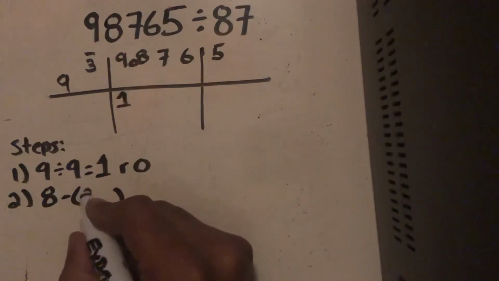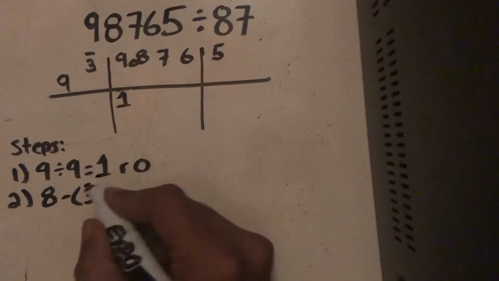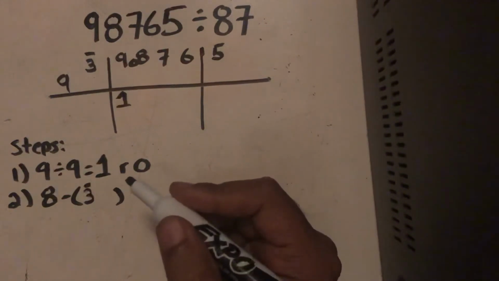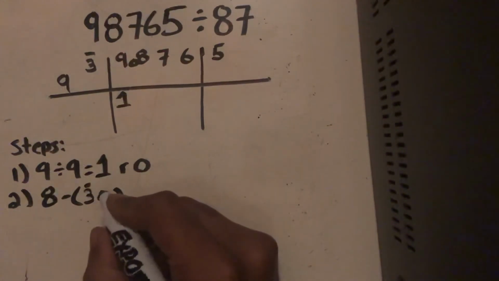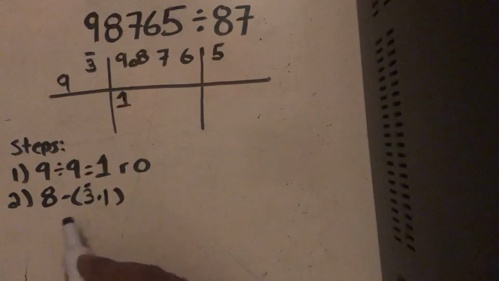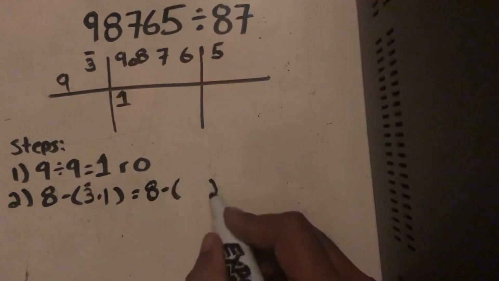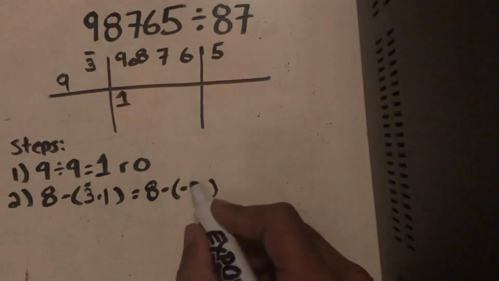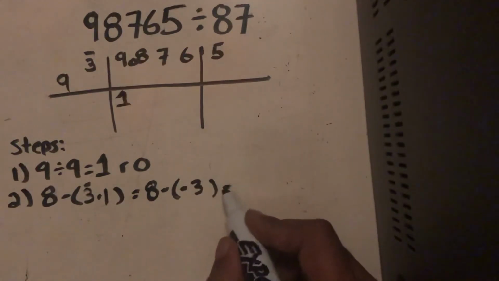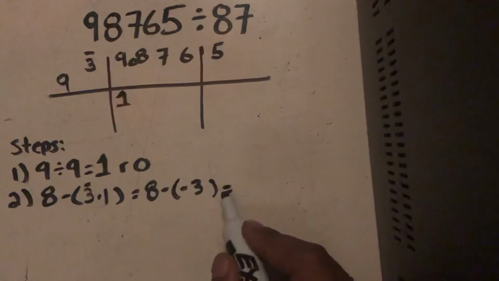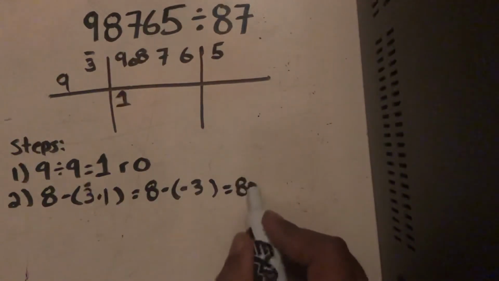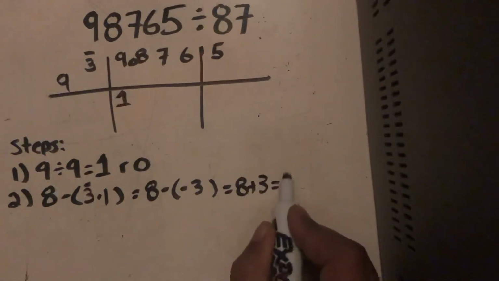So this 3 bar is still a negative 3. Then I have times 1. So that's just 8 minus negative 3 times 1 is negative 3. So you end up adding it because you get a double negative. That's just 8 plus 3, of course. So I get 11.